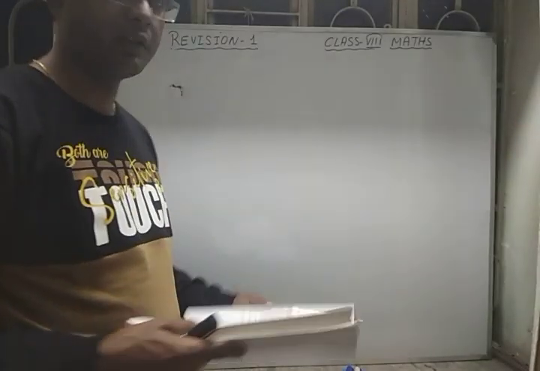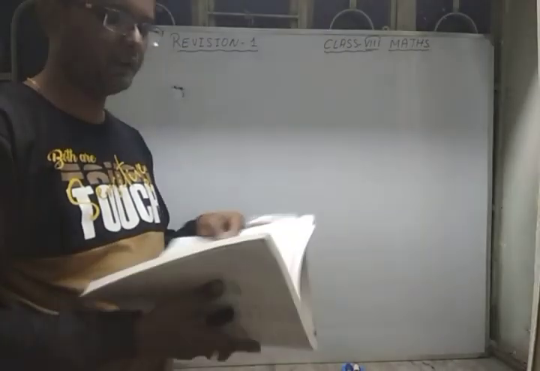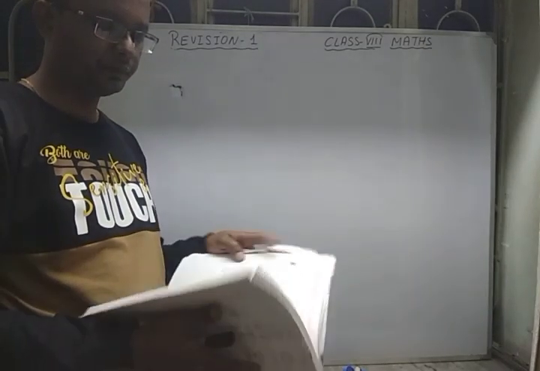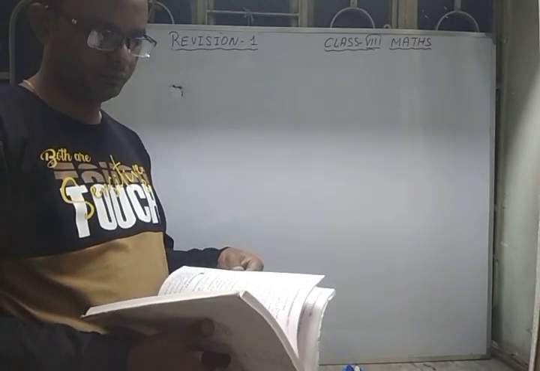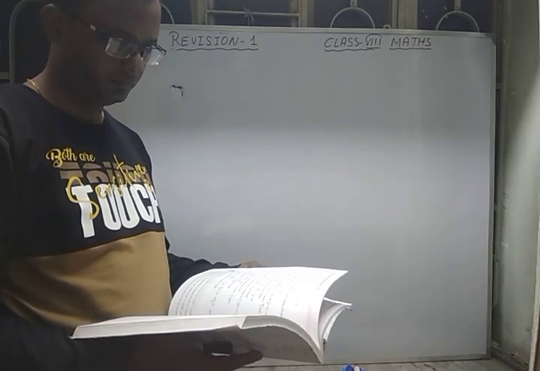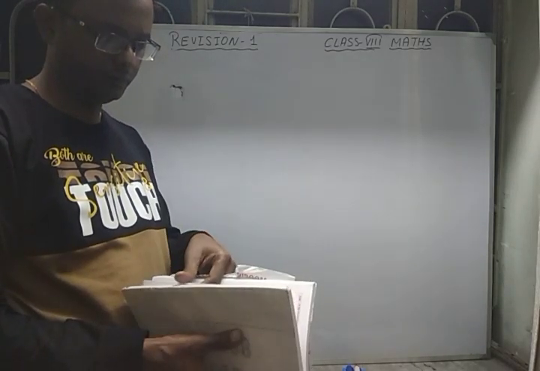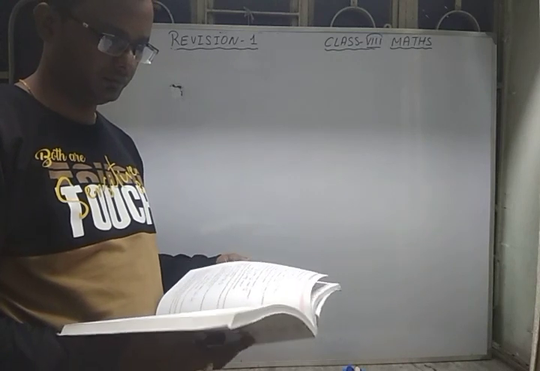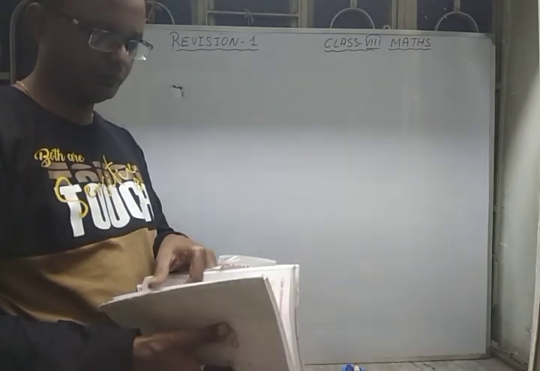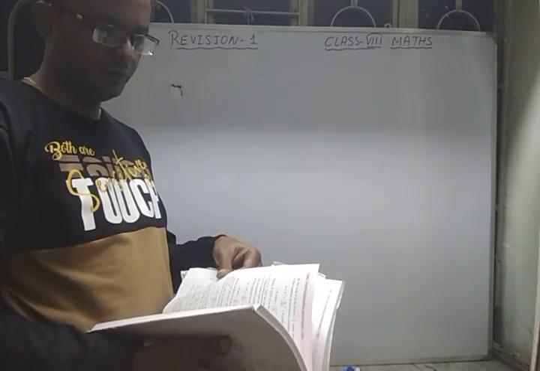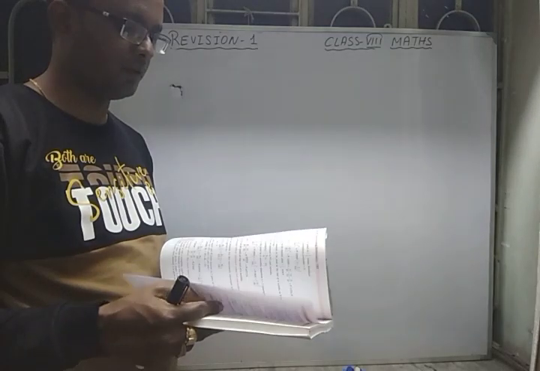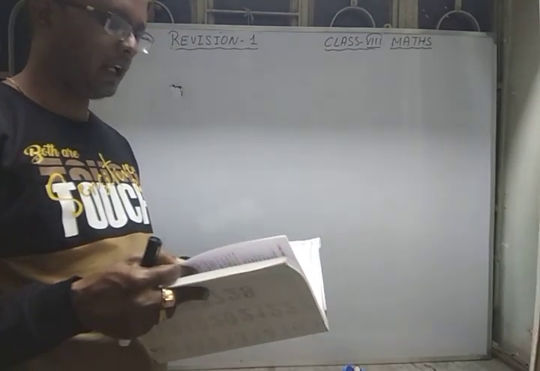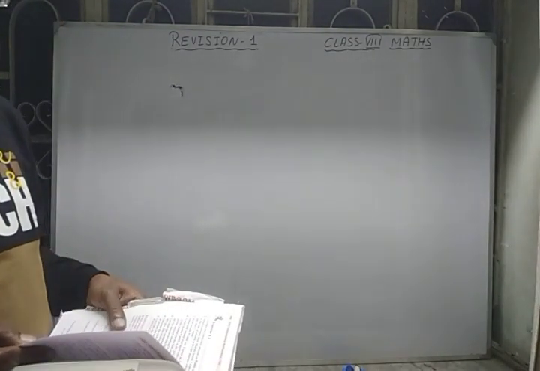Now from compound interest, you have two methods: one is the simple interest method, PRT by 100 for 1 year, and another is the direct formula method.